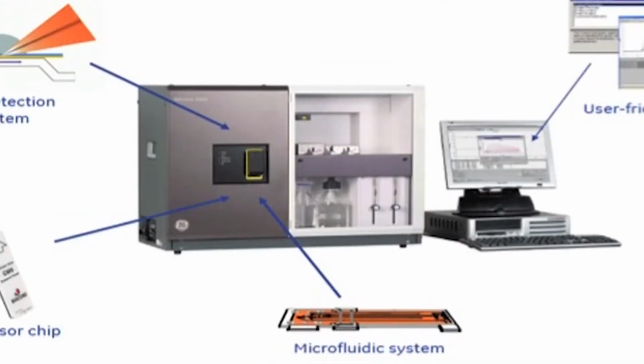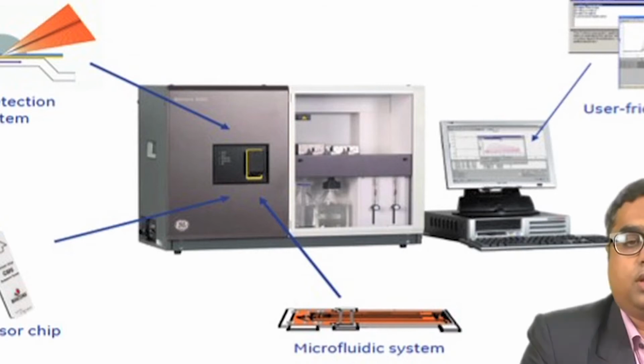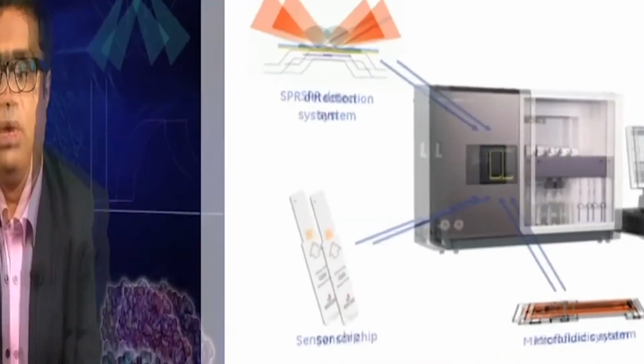So, the cornerstones of any SPR system or a Biacore system are a detection system, a chip system, a microfluidic system, and the software which integrates all of these and generates data. So, in our next couple of sessions, we will understand details about sensor chips and the different sensor chips available.